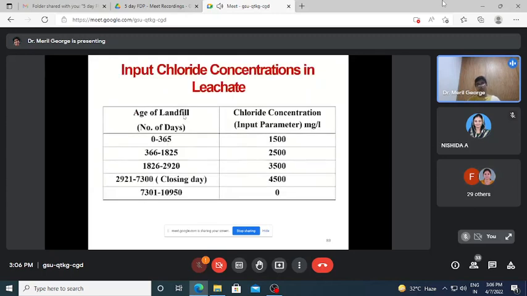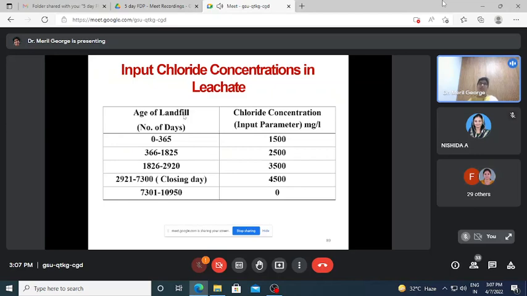We can observe that the predicted and measured chloride concentration were found to be almost the same here. And while giving the chloride concentration input values, as per the information obtained from local bodies based on the quantity of waste dumped per day, it was calculated that for the first year, that means for 365 days, chloride concentration was approximately 1,500, and then 2,500, and last, during the 20th year, that means during the closure time, it was 4,500 milligram per liter.